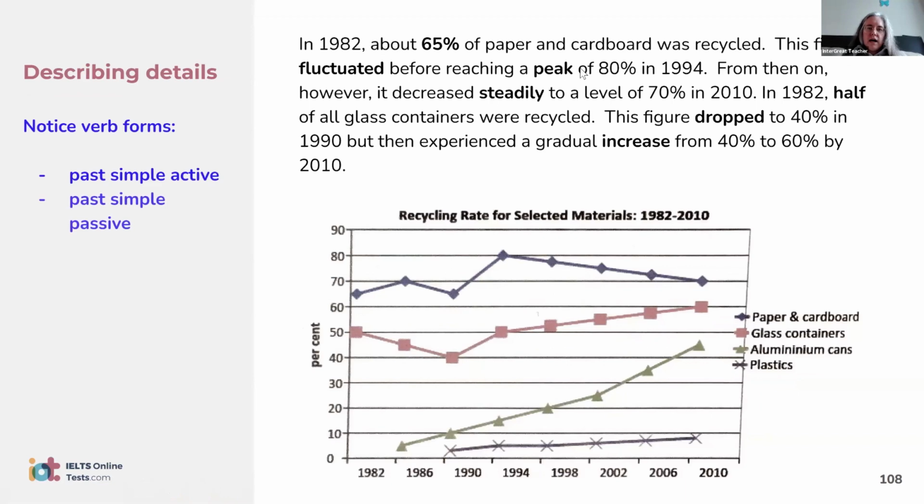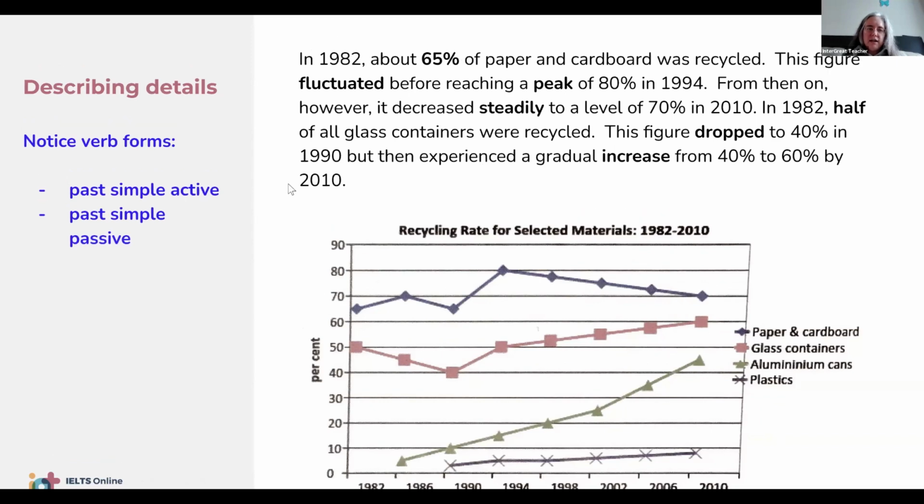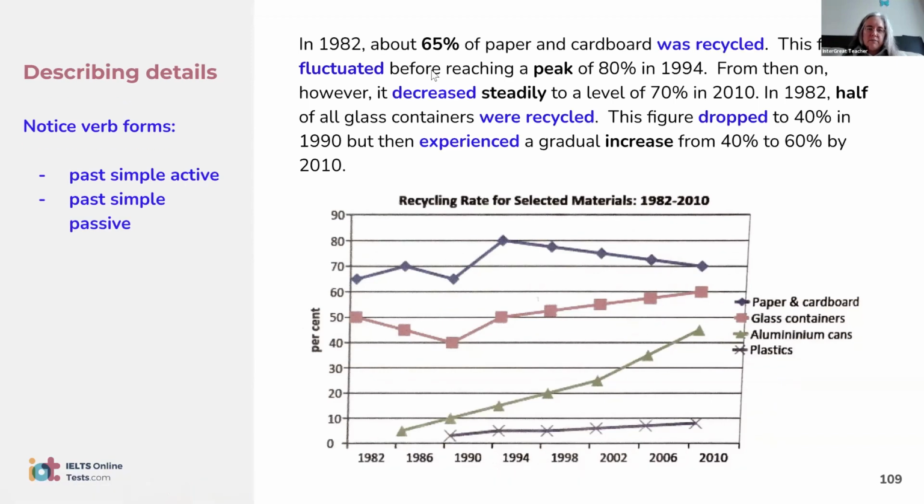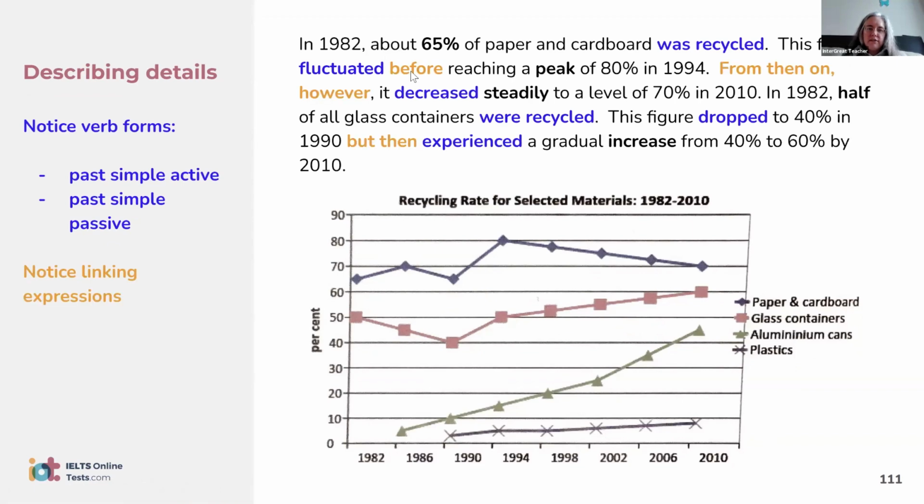Okay, so let's have a look at some of the verbs. So we've got the past simple being used in both the active voice and the passive voice. So was recycled and were recycled in the passive voice. Okay, and then others in the active voice there. Linking expressions: before, from then on, however, but then.